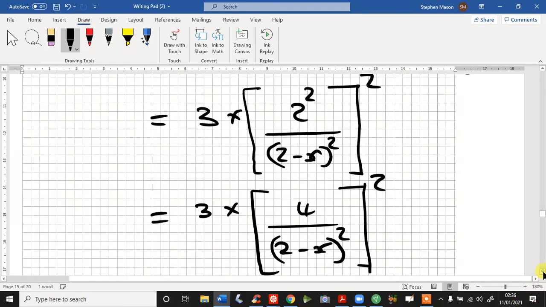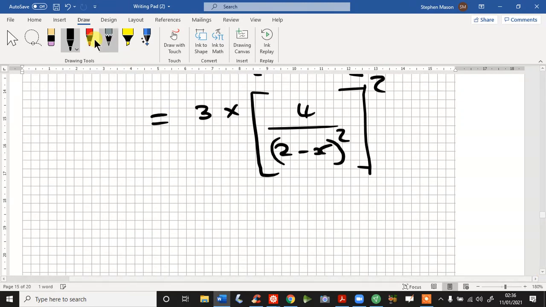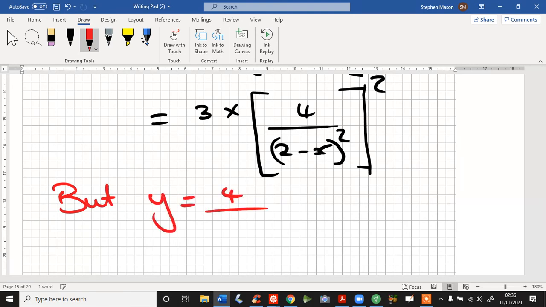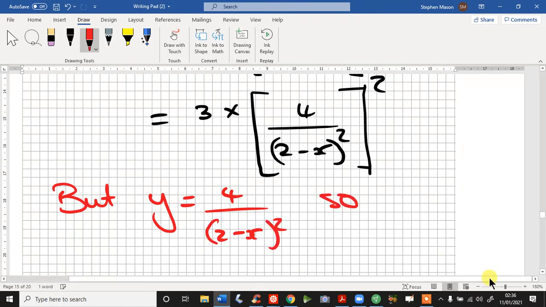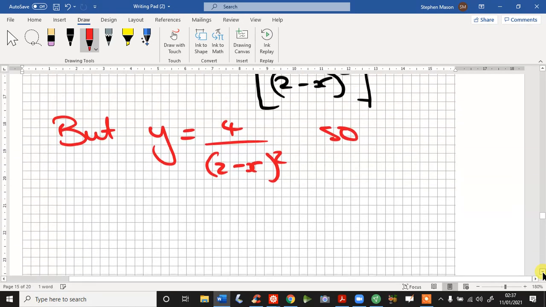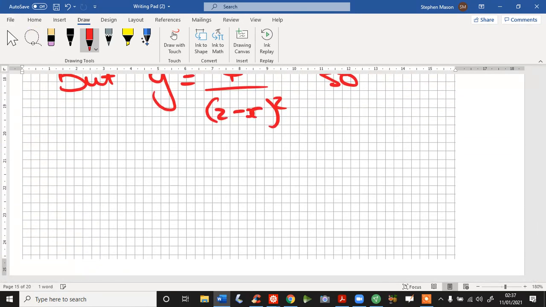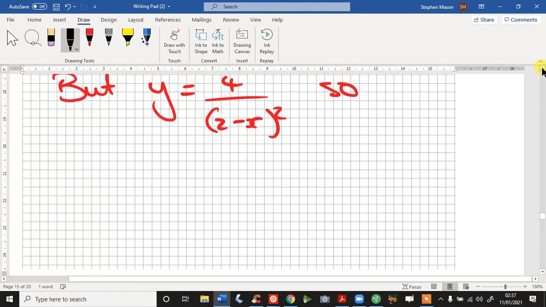Right. Okay. But y equals 4 over 2 minus x all squared. So we're nearly there.